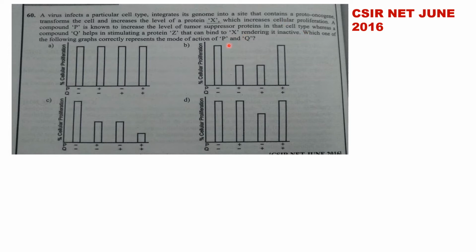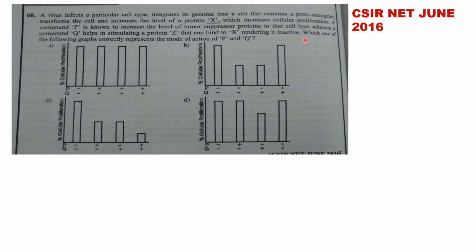That means the protein Z will inhibit protein X. So that's why this protein X will become inactive. Because of the inactivation of protein X, cell proliferation will decrease.